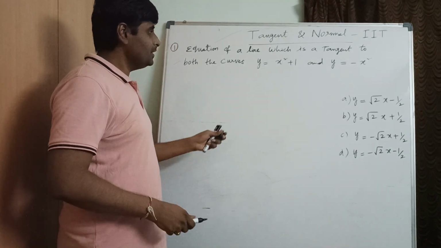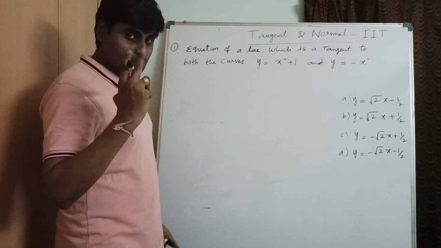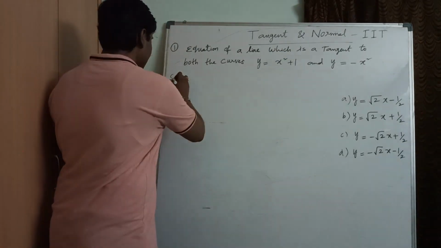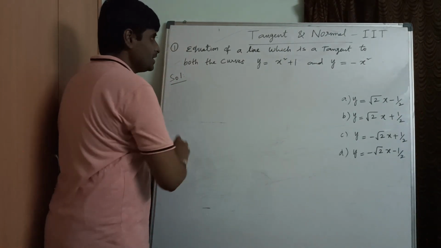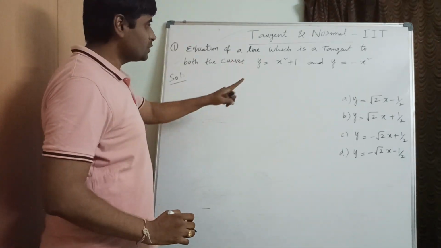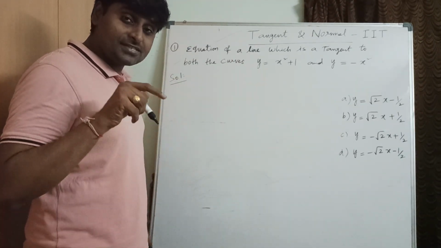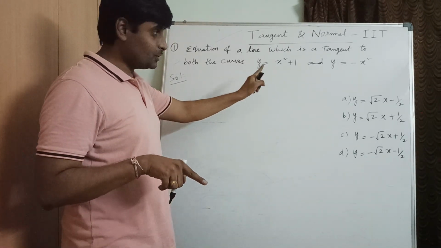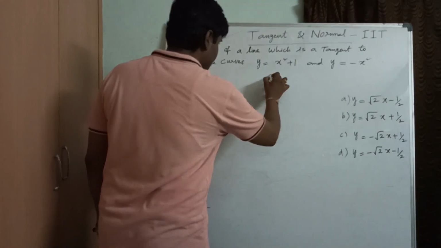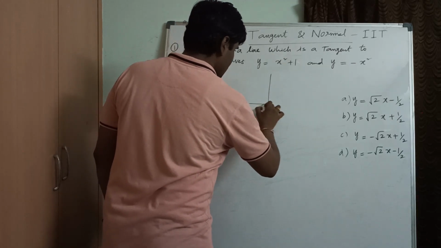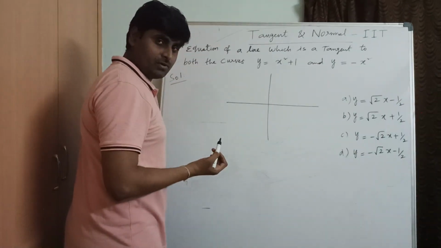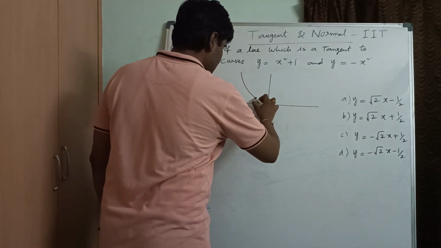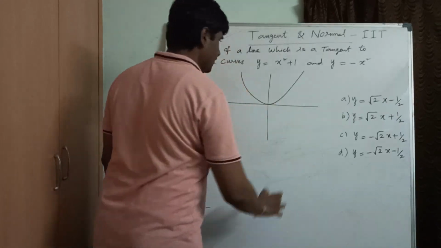Now here, two curves are given, right? We are going to find the equation of the common tangent. First of all, you must have some knowledge about the graphs of these curves. So let me take a graph for this. As we know, this is y equal to x square.